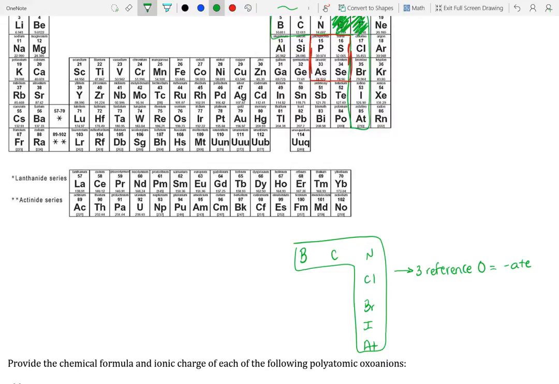You might have heard in some commercials where they say, do you take nitrates for chest pain? What they mean is nitrate as in NO3, and that also has a charge.